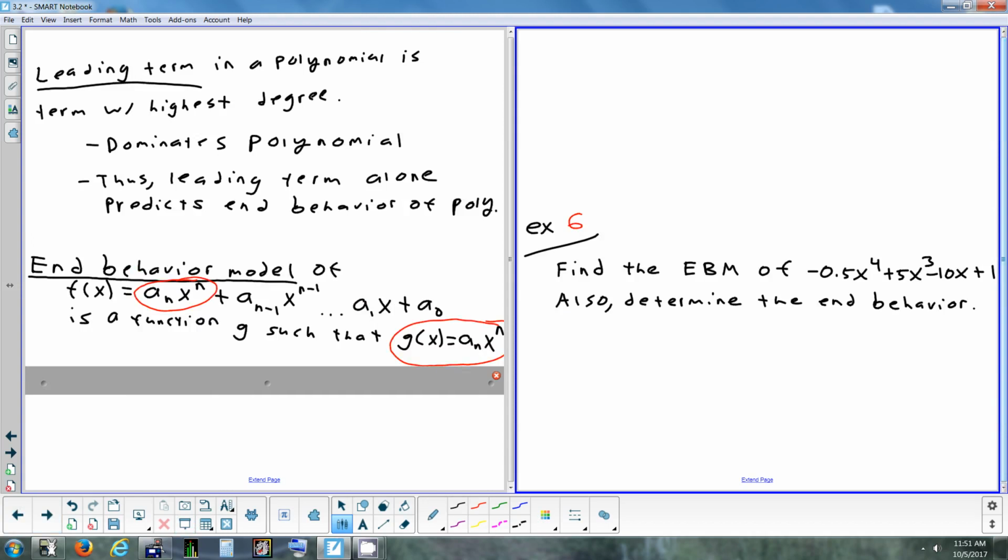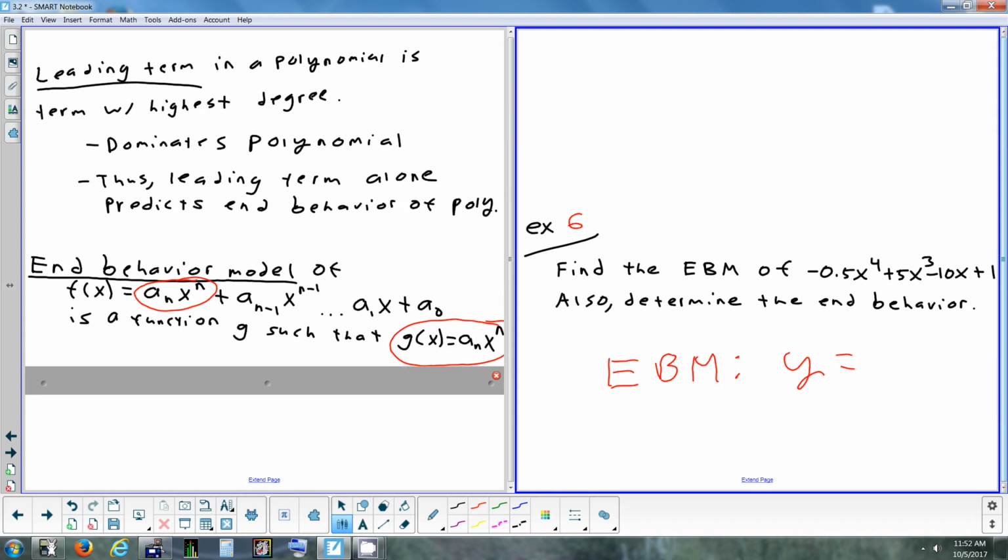What would be the end behavior model of that graph? Josh? Not sure. Ian? Down, down. Not the end behavior type.